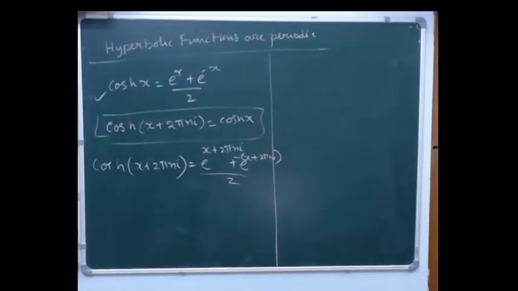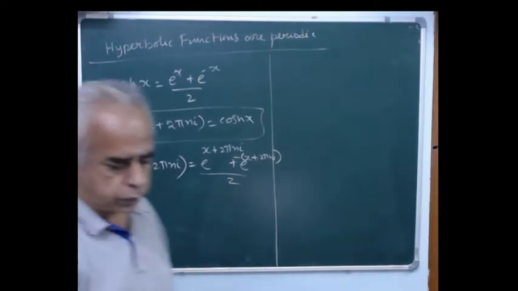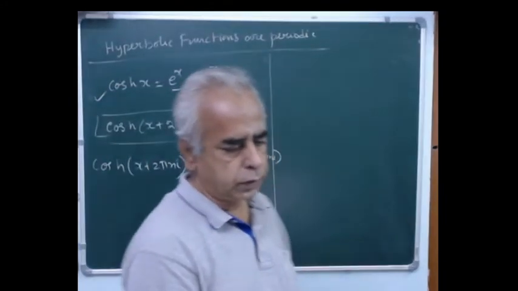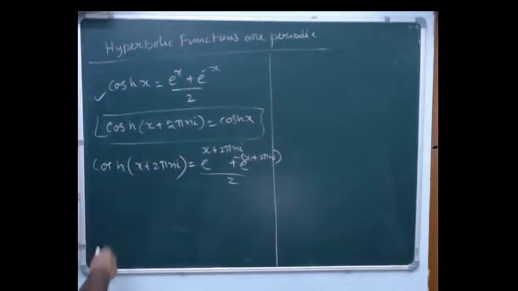Now n may be any integer. So in this case we are going to proceed further as, now 1 by 2 we can bring out.